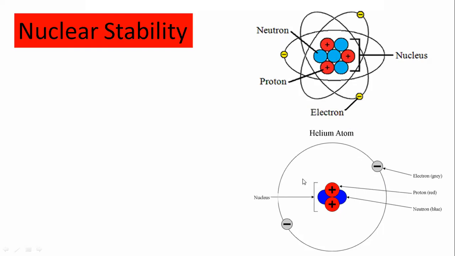So if you look at the helium atom or the lithium atom, and similarly other atoms or nuclides, the overall charge of the nucleus is positive. So the question here is, if the charge of the nucleus is positive and the neutrons are neutral, then there should be repulsion between positive and positive charges.